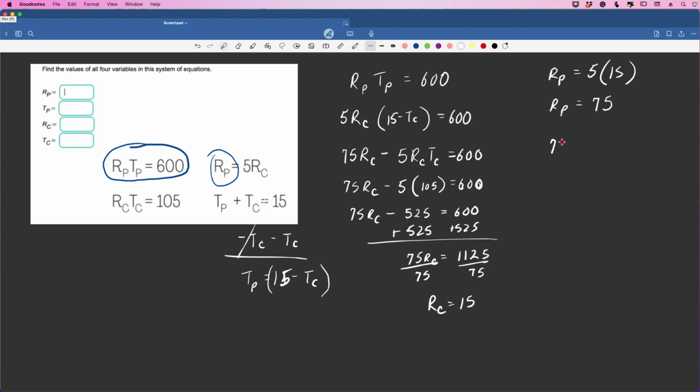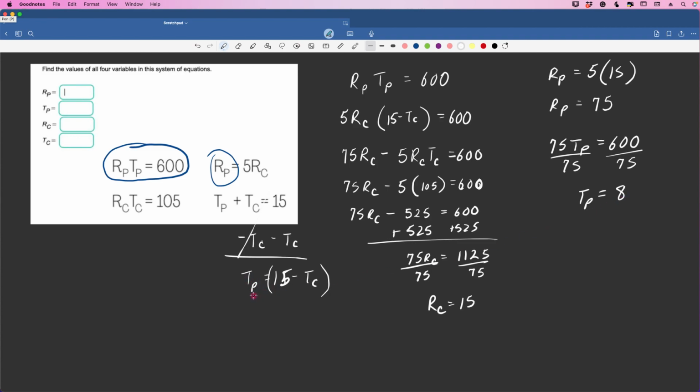So if RP is 75, 75 times TP was equal to 600, right? So if we divide both sides by 75, then TP is going to be equal to 8, I do believe. Yeah, because 8 times 5 is 40, carry the 4. 8 times 7 is 56, plus 4 would be 60. So yeah, that's 8.